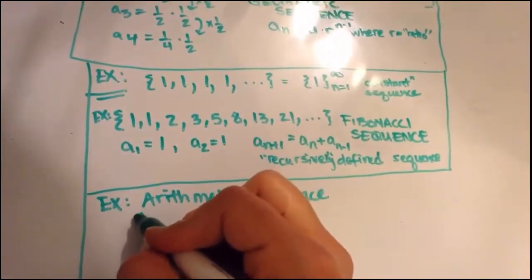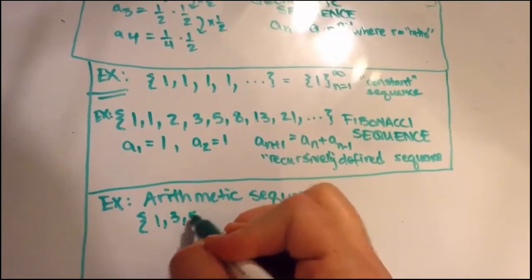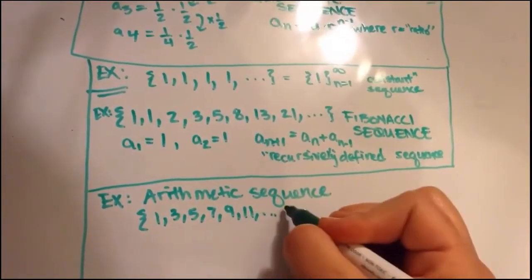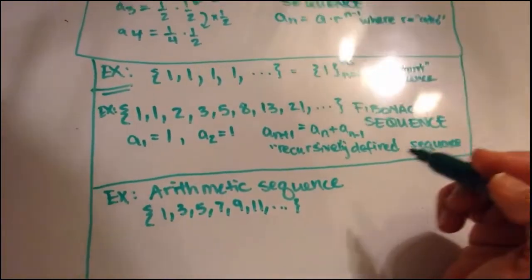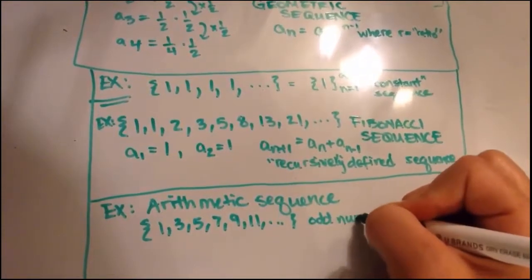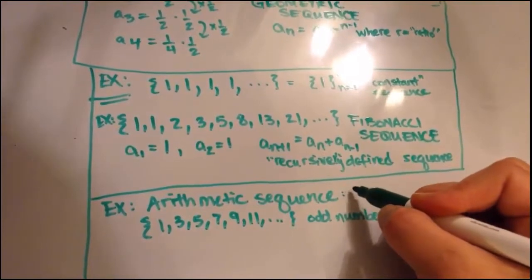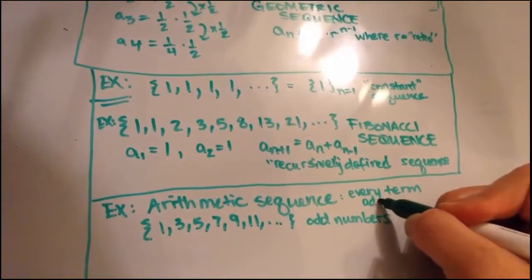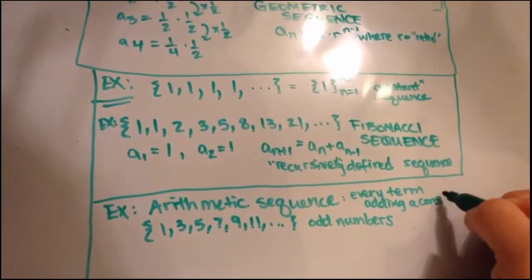An arithmetic sequence might be something like this: 1, 3, 5, 7, 9, 11. Now that sequence maybe is better known to you as the sequence of all odd numbers. What makes it arithmetic is that every term is obtained by adding a constant to the previous.